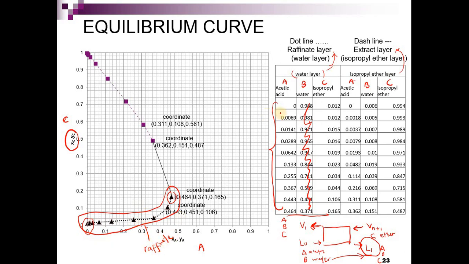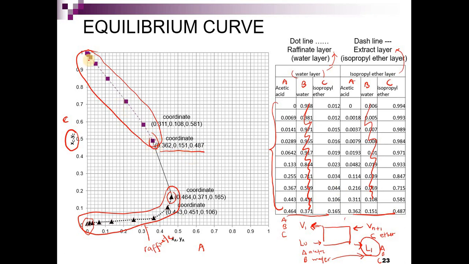Okay, and for the extract layer, you will do the same thing. You don't bother about B. You only take components A and C, and you plot the coordinates. I think it will start from here, it will end here, 0.362, the last coordinate will be here.